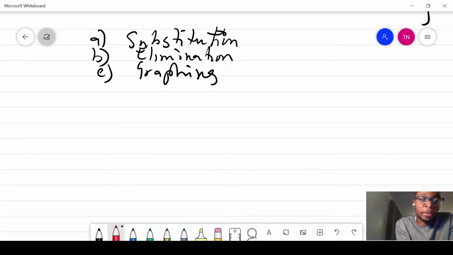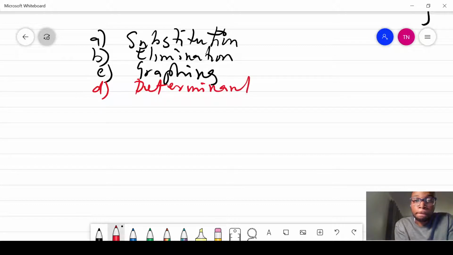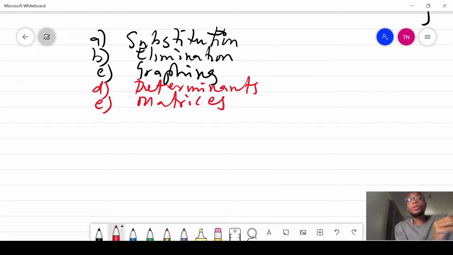If you go further, other people use techniques like determinants, and other people go into matrices. You can solve them using determinants, matrices, and a host of other techniques.